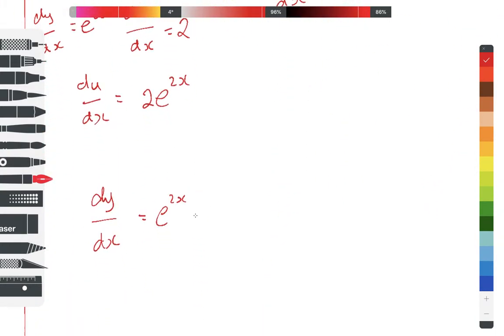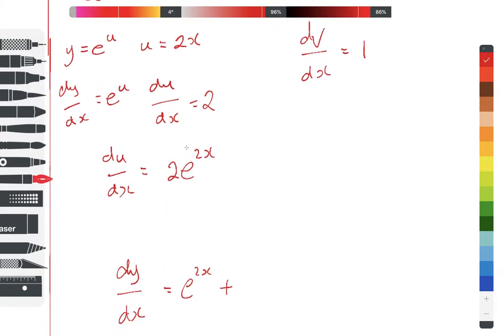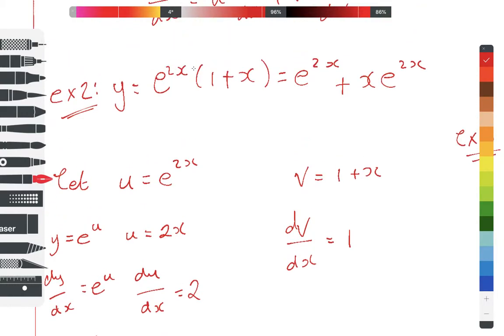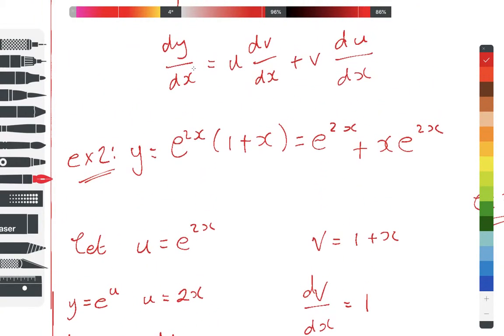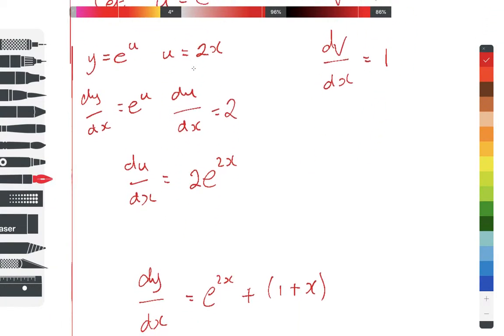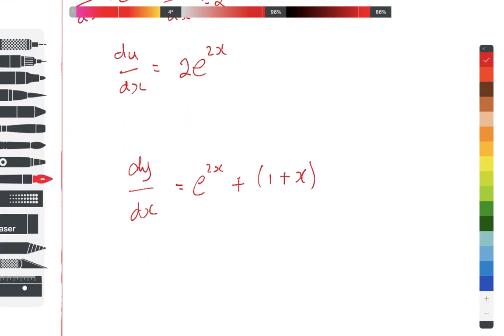Plus v, which is 1 plus x. Okay, and like I said, I'm going to multiply that by du by dx, which I worked out to be 2e to the 2x.